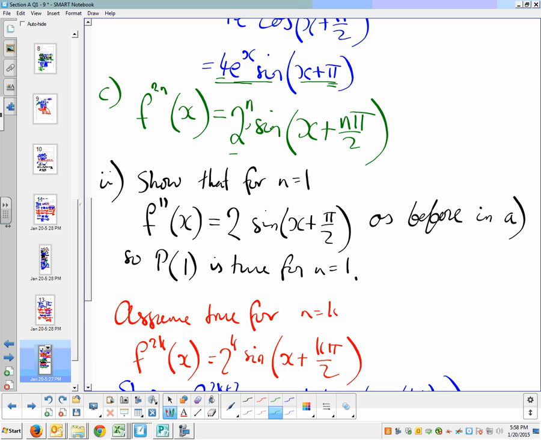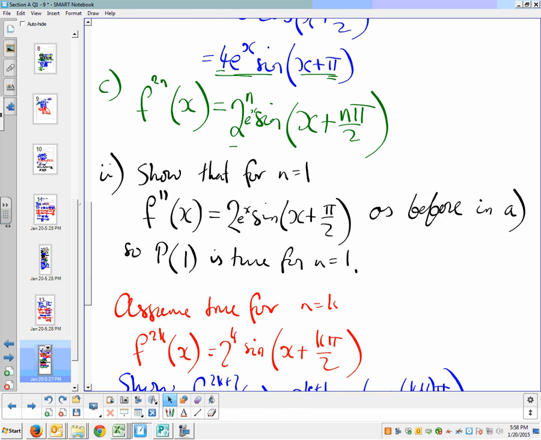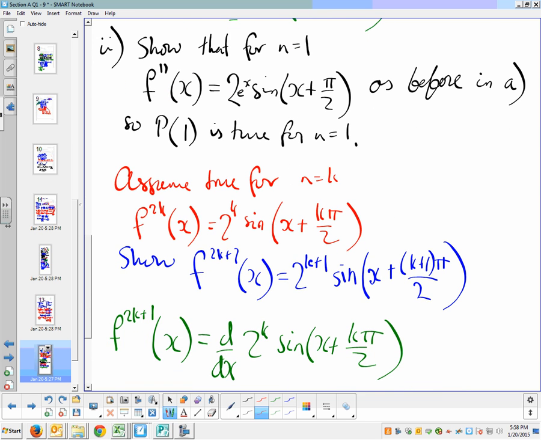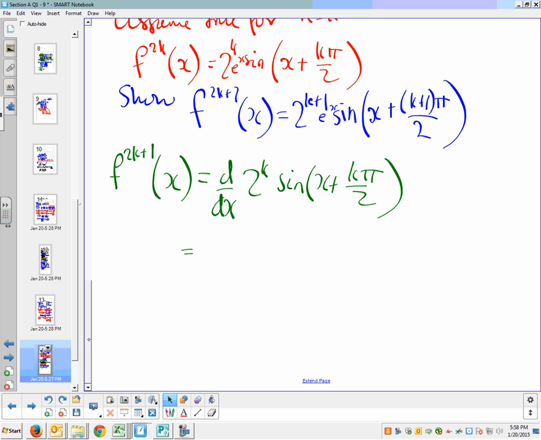There's meant to be an e to x there, hence there, hence there, hence there. The reason I noticed that is because I knew I was supposed to be doing some product rule, like I was doing in parts A and B, but there was only one function that relied on x.